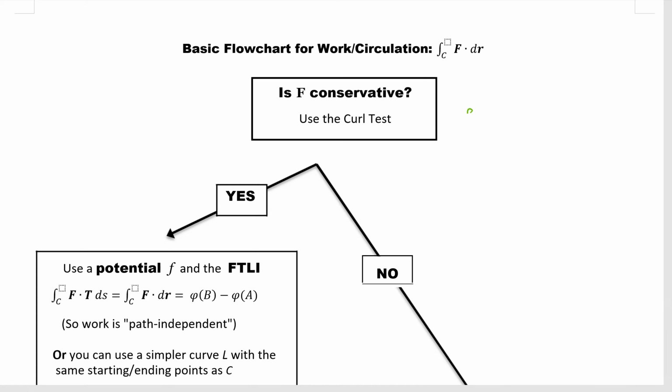What is the curl test? Is it Fy equals Gx? If yes, then it is conservative. If it's no, then it's not conservative, okay? In general, if it's yes, you also need, you remember, you also need the domain to be connected and simply connected.